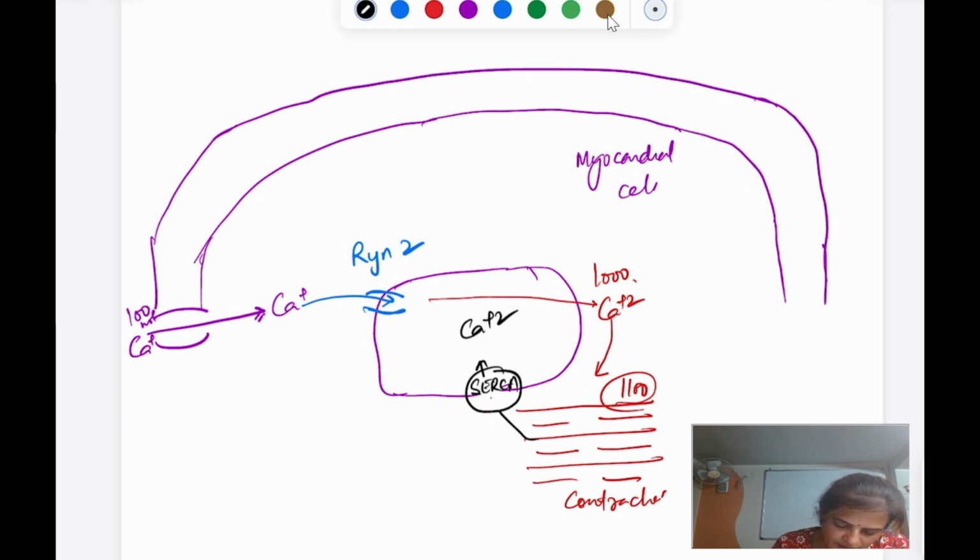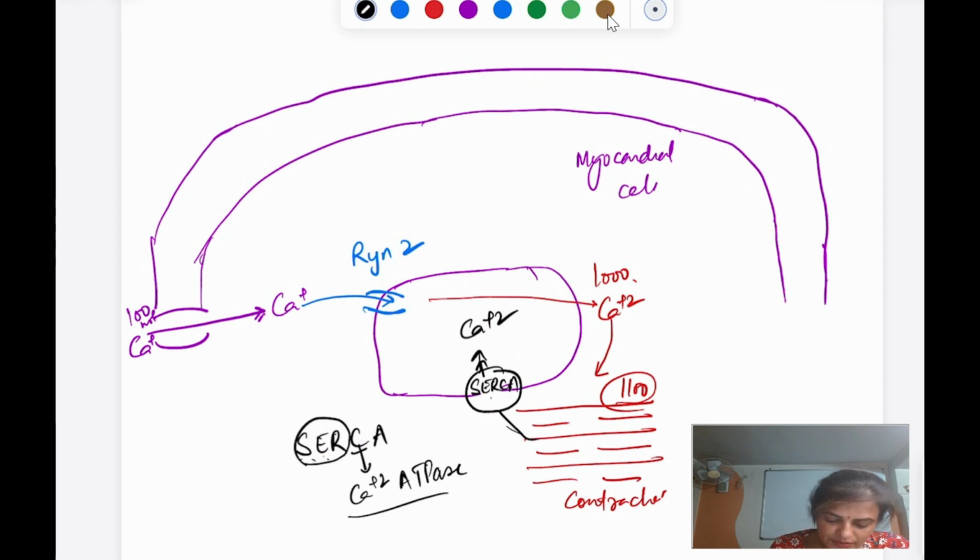Now what is this SERCA? I'll expand here. This is sarcoplasmic endoplasmic reticulum calcium ATPase. This is the pump which is here, and it is going to bring back these 1000 molecules of calcium again back to the sarcoplasmic reticulum.